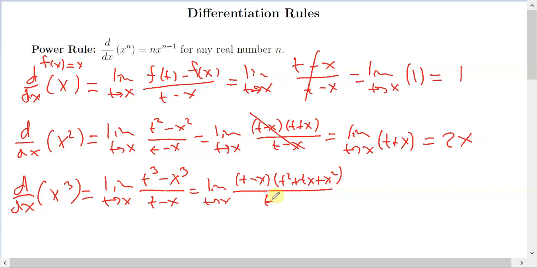But the main point here is the fact that this t minus x shows up again. So I get the limit as t approaches x of t squared plus tx plus x squared. And at this point, I can turn the t's into x's. I get an x squared here, an x times x here, which is x squared, and an x squared. I get 3 x squared.